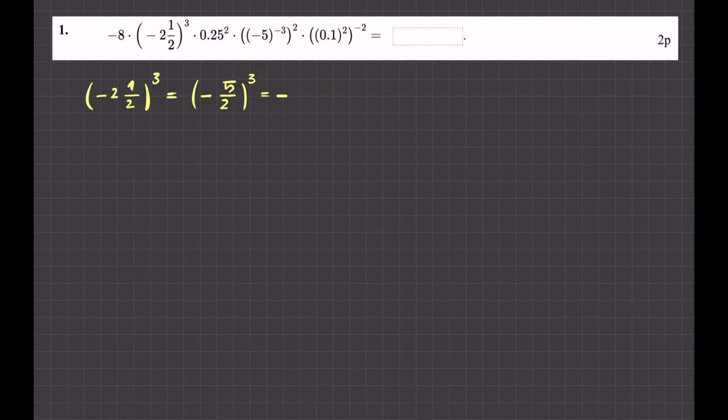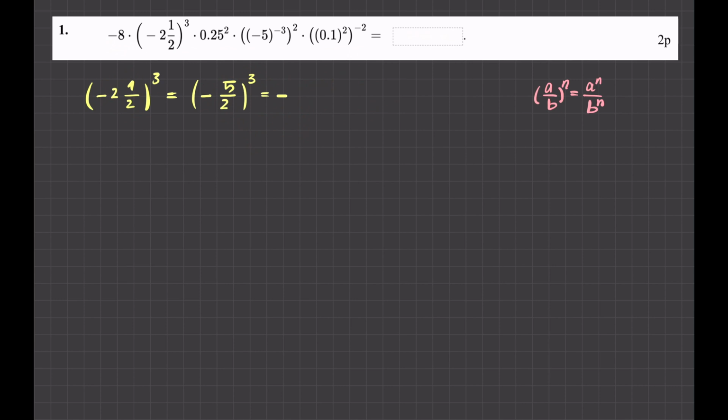And then what can I do? I can raise the numerator to power 3 and the denominator to power 3. Why? Because of this formula, that if I have a over b to power n, I can write a to power n over b to power n. So that's one of the famous formulas in powers, yes?